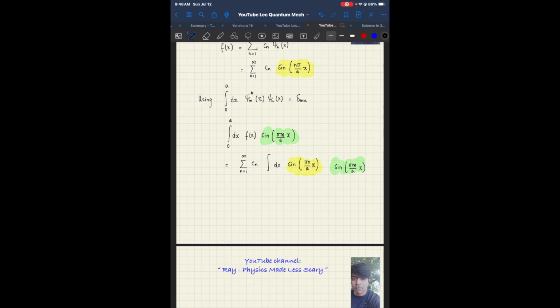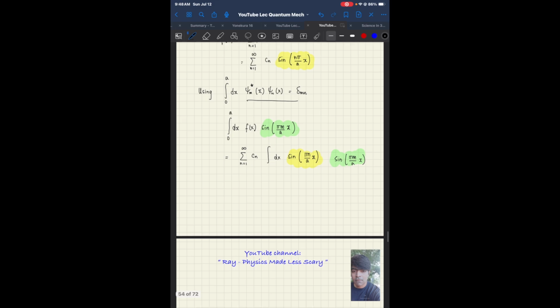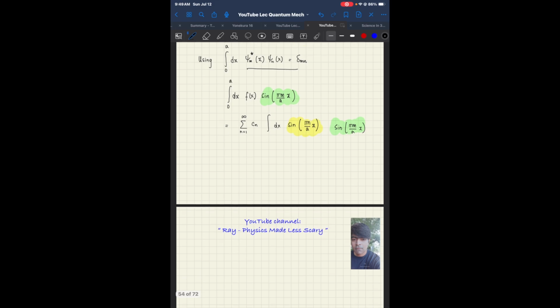And then you can immediately use this formula, which tells you that this expression is a Kronecker delta.